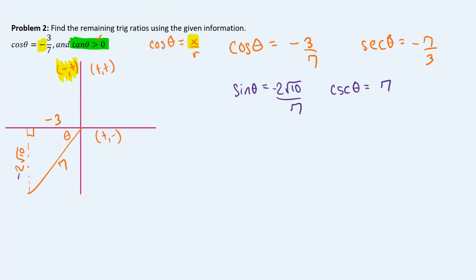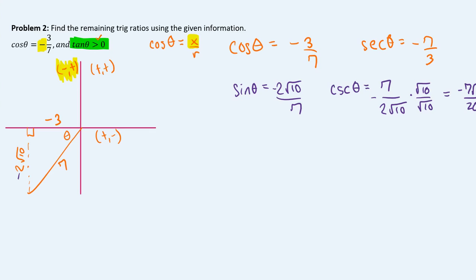So then we have cosecant is 7 divided by negative 2 square root of 10. So then if we rationalize that, that would be multiplying the numerator and denominator by square root of 10. So that means that cosecant is negative 7 square root of 10 divided by 20, since square root of 10 times square root of 10 is 10, and 10 times 2 is 20.